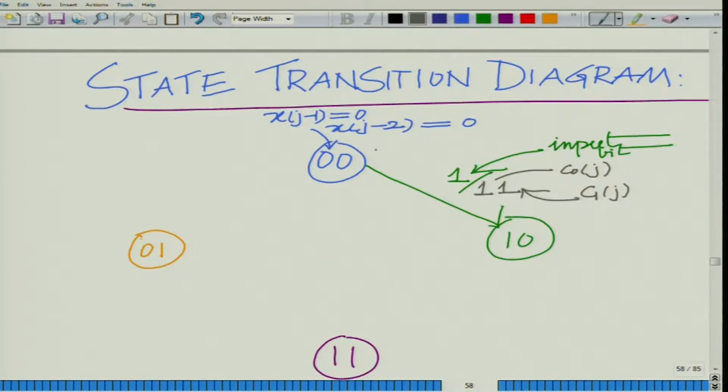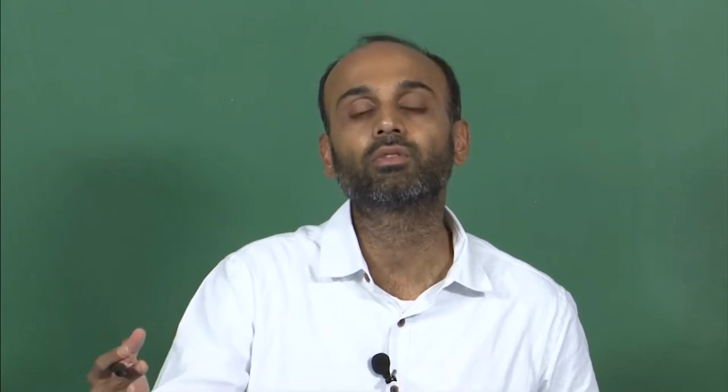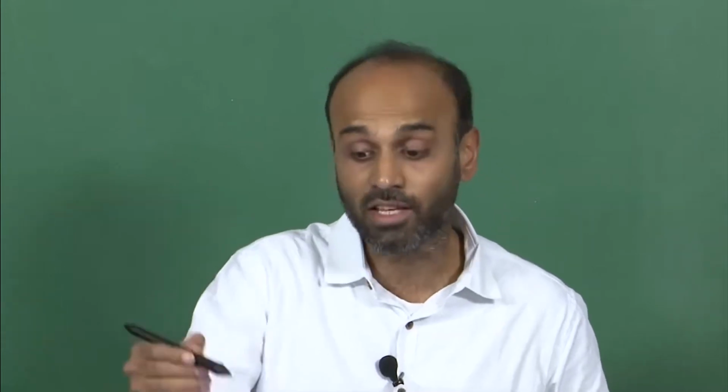Now similarly, let us say we have x equal to 0. If x_j equal to 0, the next state at time j plus 1 will have x_j is 0 and x_{j-1} is 0. So it is a self transition.